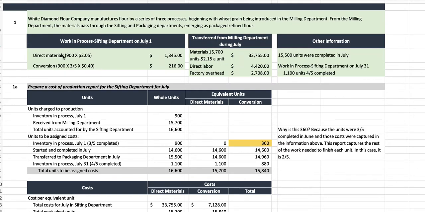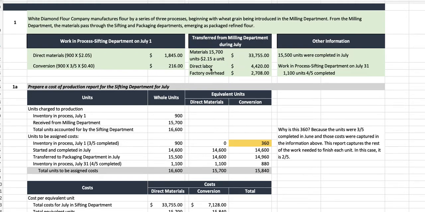We're told that on July 1st, we have direct materials and conversion costs. They're listed here, and they provide us the units and also the cost per equivalent unit here for direct materials and here for conversion. During the month of July, we see that we have additional units that are transferred from the milling department.